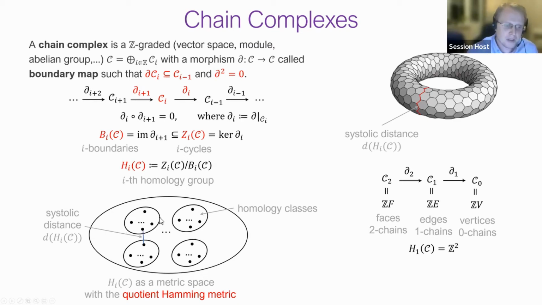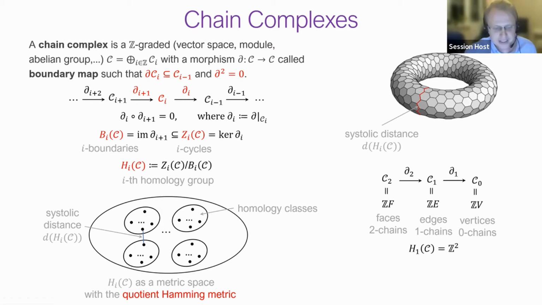And what is the distance we use for the homology group? The homology group is a bunch of factor spaces, and the distance between two homology classes is just the minimal Hamming distance between different bit strings.